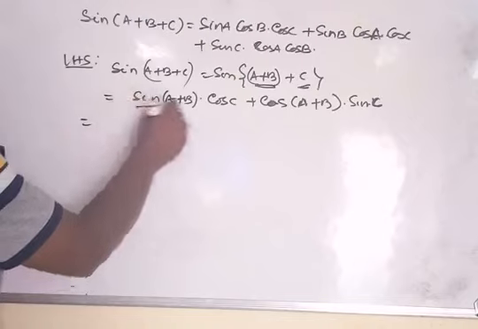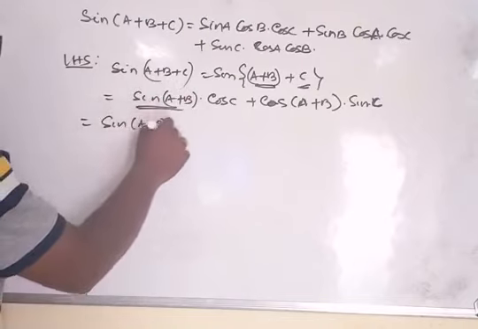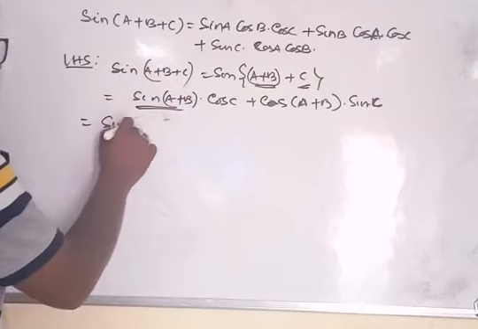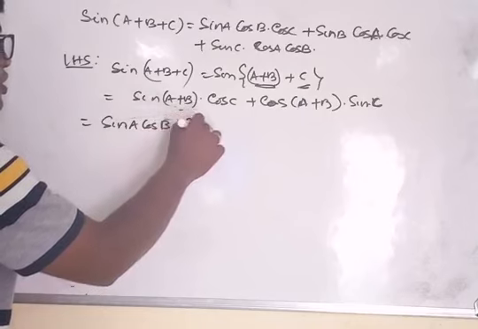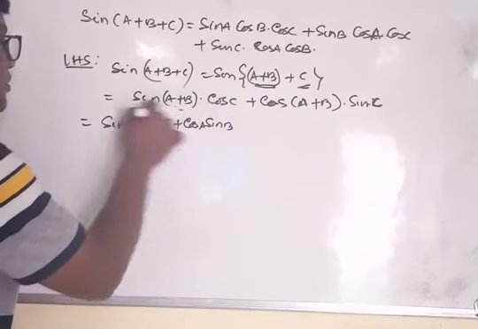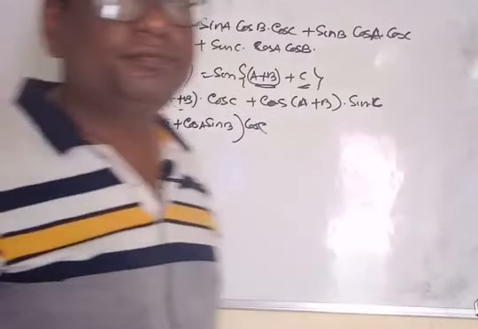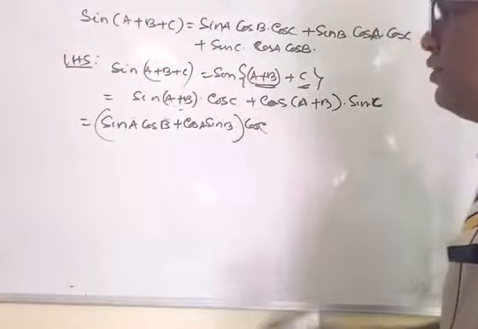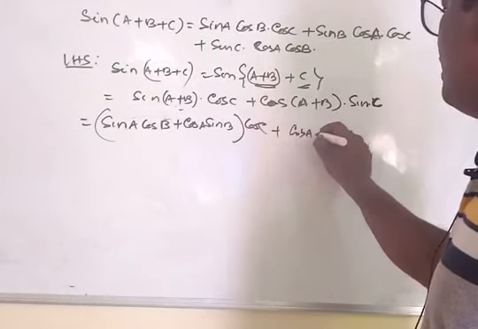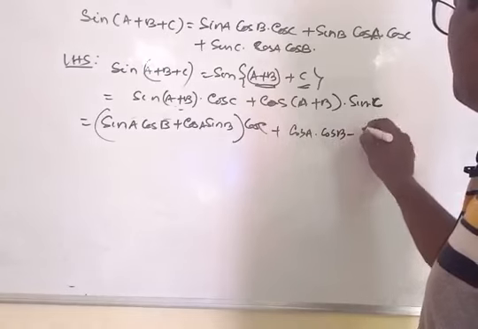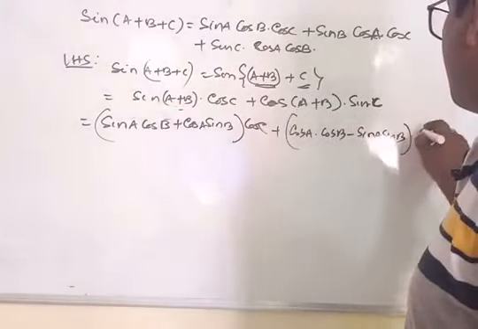Apply the sin (a plus b) formula: sin a into cos b plus cos a into sin b, into cos c. Okay, then the cos (a plus b) formula: cos a into cos b minus sin a into sin b, whole into sin c.